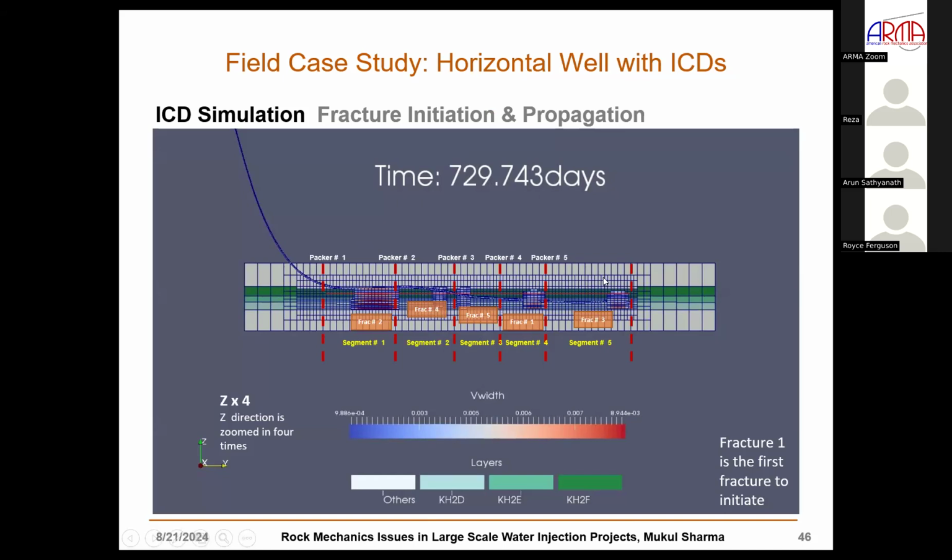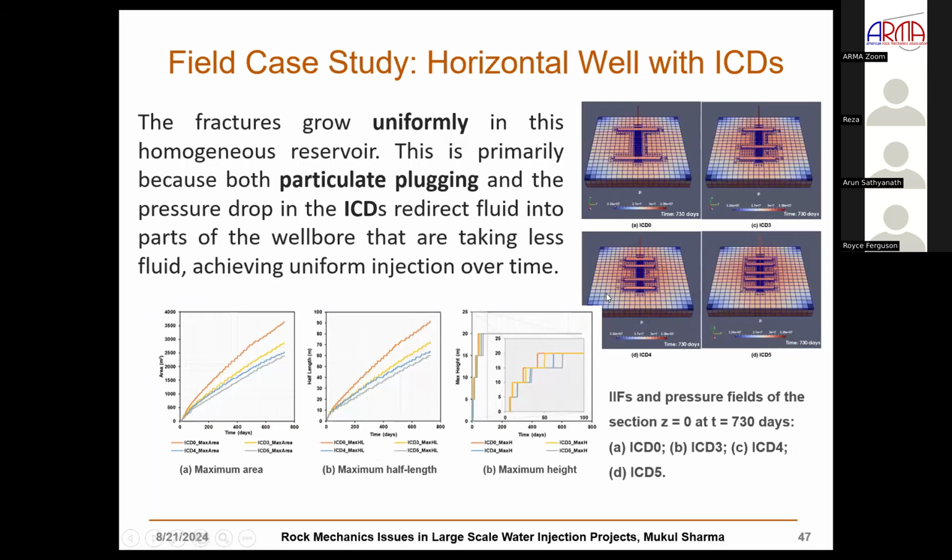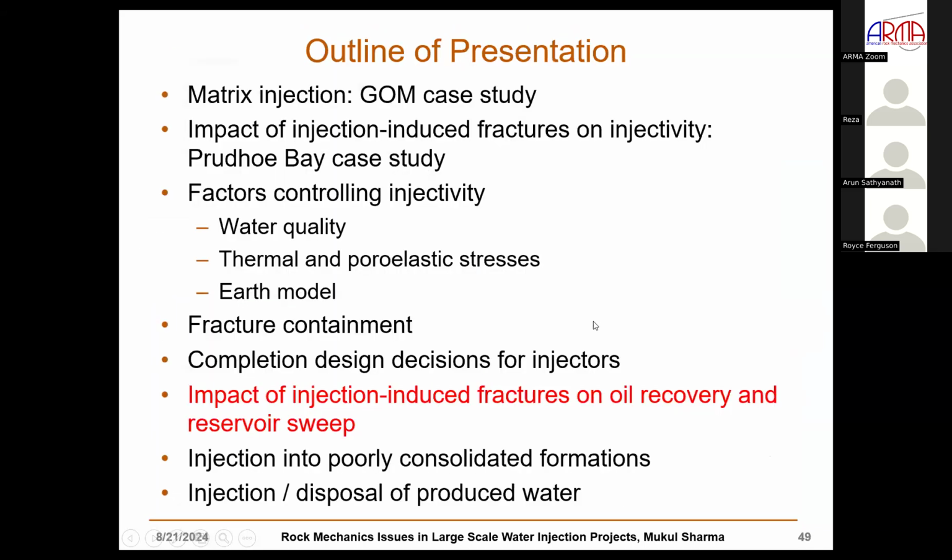It's all completely geomechanics related, right? And what impact does this have on the distribution of flow along the horizontal wellbore, right? So with the ICDs, whether you have 2 ICDs or 3 or 4 or 5 ICDs, makes a big difference as to exactly how long the fractures are and how the water is distributed within these things.